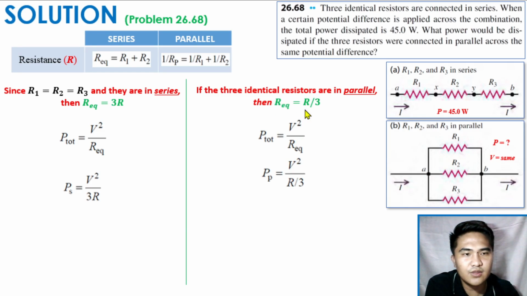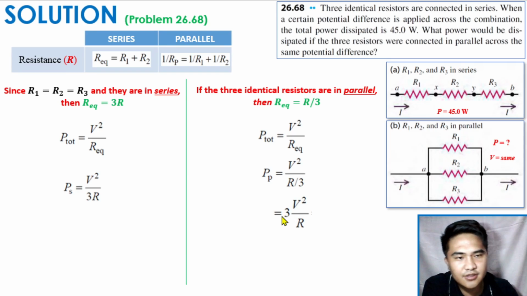Substituting Req with R over 3, we get P, or power for parallel connection, is equal to V squared over (R over 3). Simplifying this, P in parallel connection is equal to 3V squared over R.